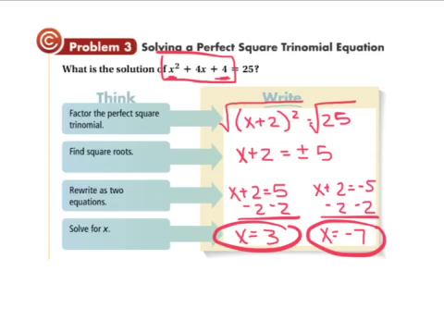And you can solve for both of your x's. So we started with a quadratic, and we still ended up with our two answers.